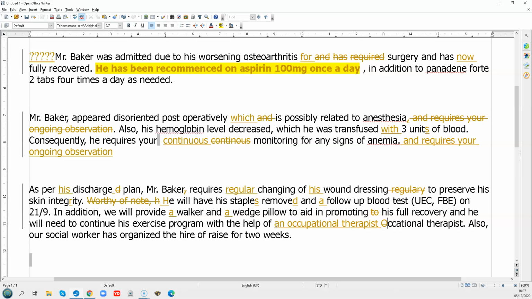Okay. Also, our social worker has organised the hire of raise. How can you hire? And that raise, rise? Is it supposed to be a verb? Is it a noun? Raise, hire of raise for 2 weeks. No idea what that means.